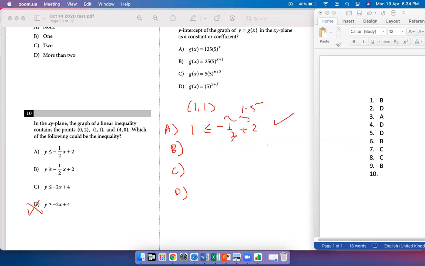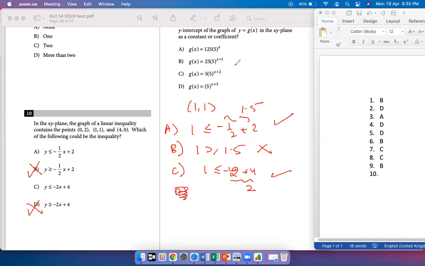So this is fine. 1 greater than or equal to 1.5, that's not possible. So B is out now. So D is anyway out. And 1 is less than or equal to minus 2 plus 4, which is 2. So this is also possible. Okay, so we eliminated 2.